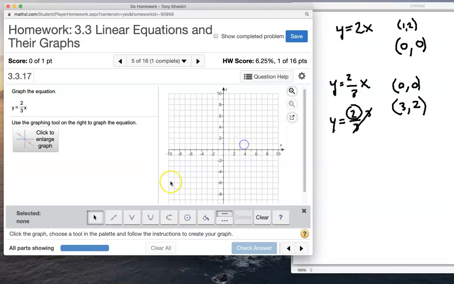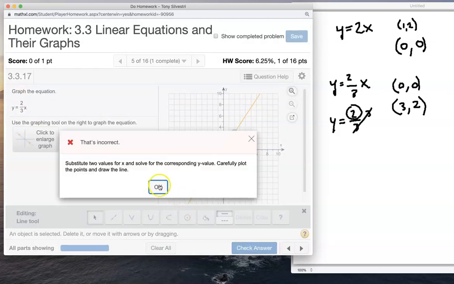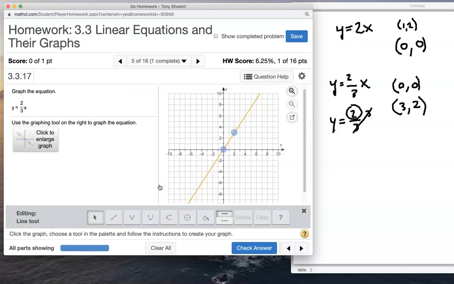Let's graph them. 0, 0, that's 1 point. 2, 3 is another point. I like what I'm seeing here. Positive slope, that's a positive number. Check your answer. Whoa, what did I do wrong?